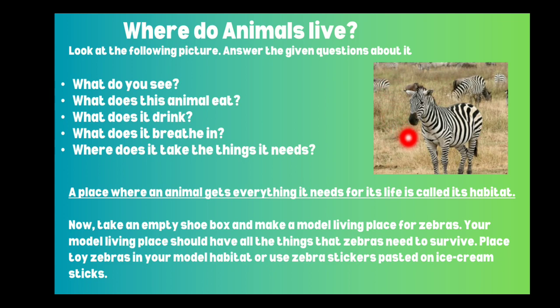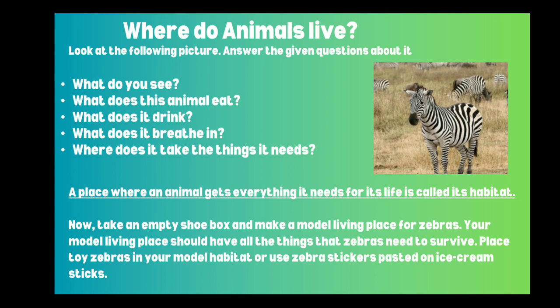Oxygen, right. A place where an animal gets everything it needs for its life is called its habitat. Now take an empty shoebox and make a model living place for zebras. Now your model living place should have all the things that zebras need to survive.